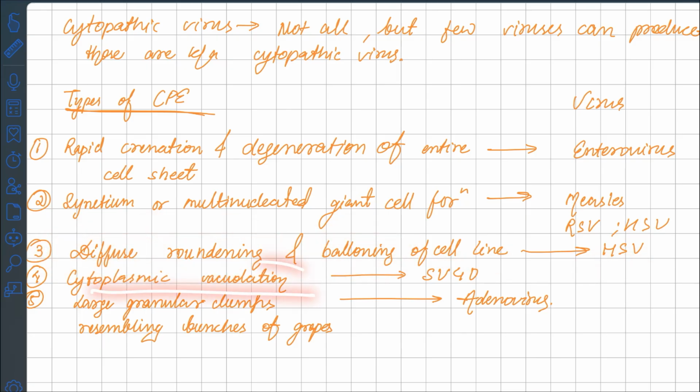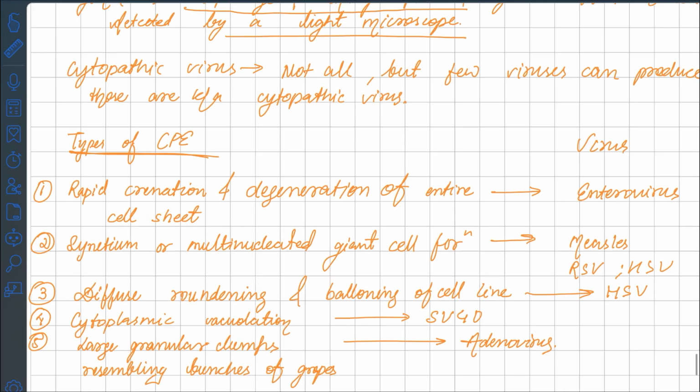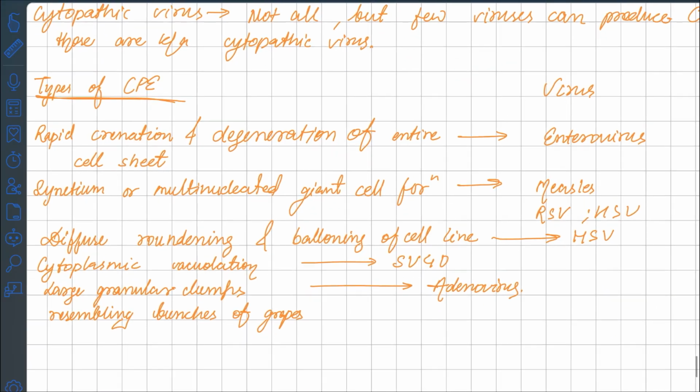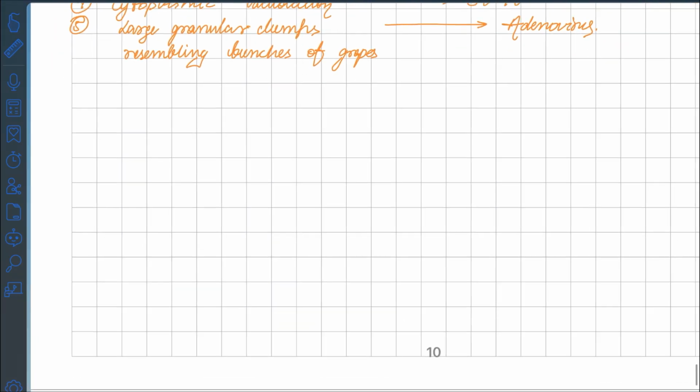If there is cytoplasmic vacuolation, formation of vacuoles in cytoplasm, it can be SV40 virus. If there are large granular clumps resembling bunches of grapes, you can suspect it to be adenovirus. So this was all about cytopathic effect, the general virology and general bacteriology.